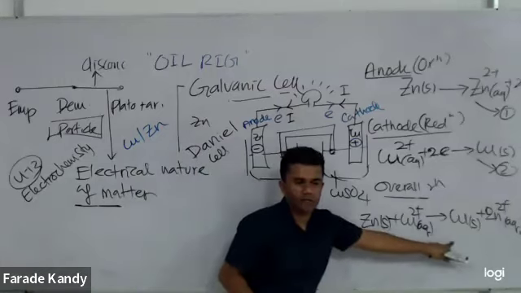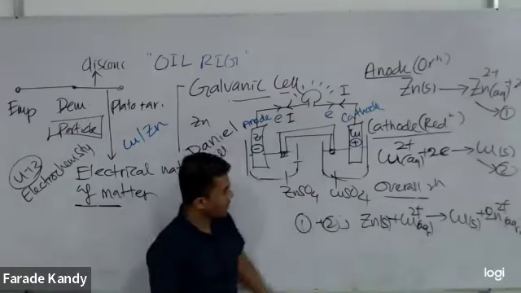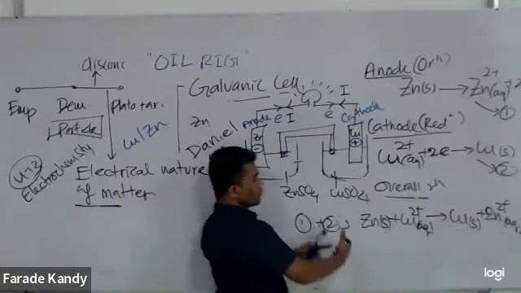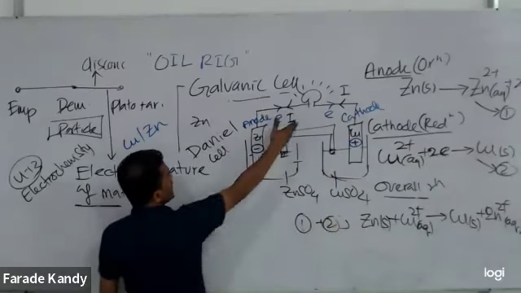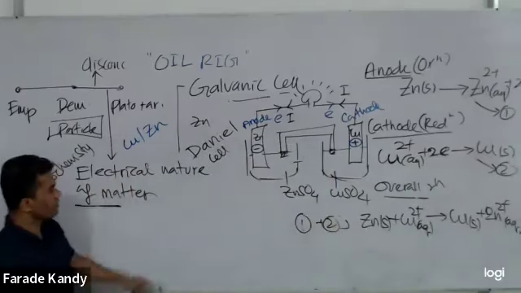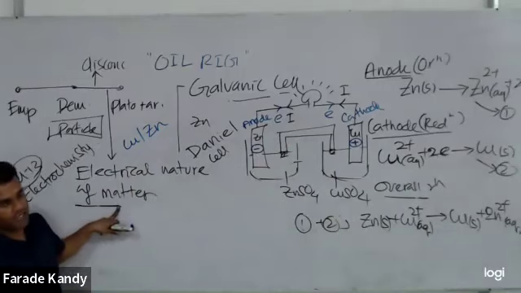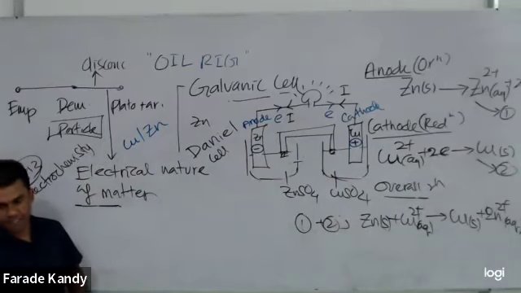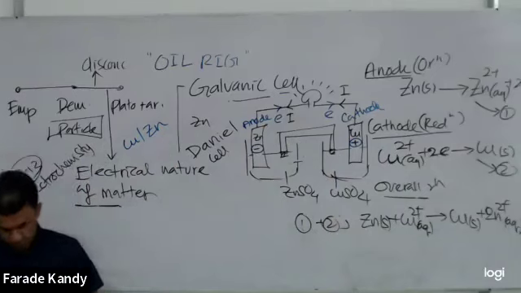A chemical reaction happens. Chemical reaction means matter undergoes changes. Due to the changes of matter, electricity is generated. That means matter definitely has electrical nature. It means matter consists of charged particles. That's the final thing we need to note down.